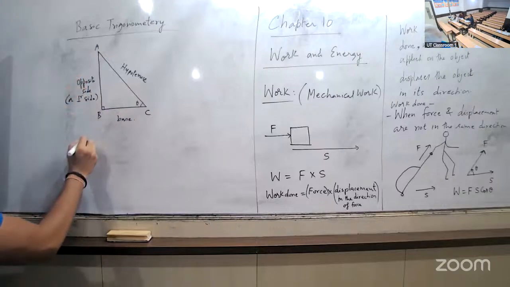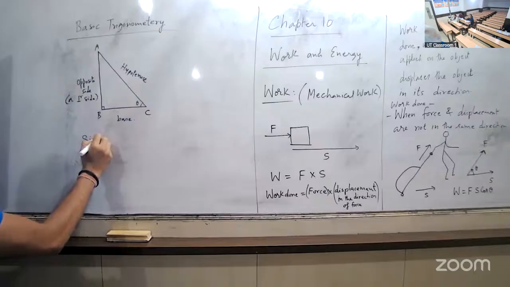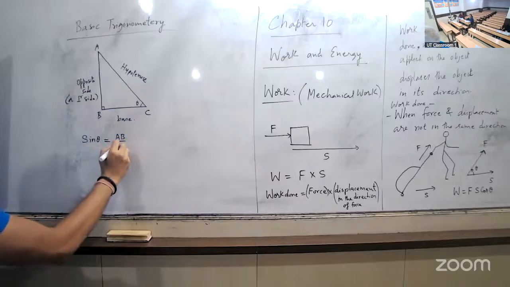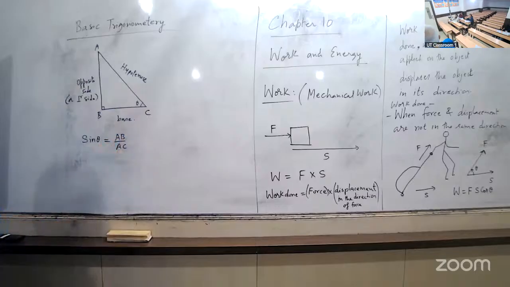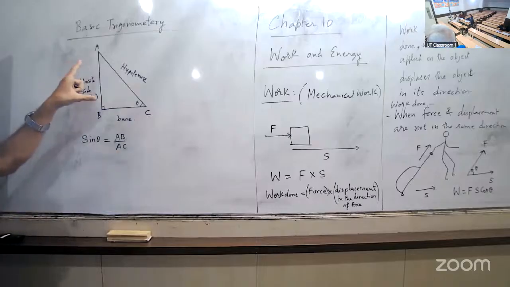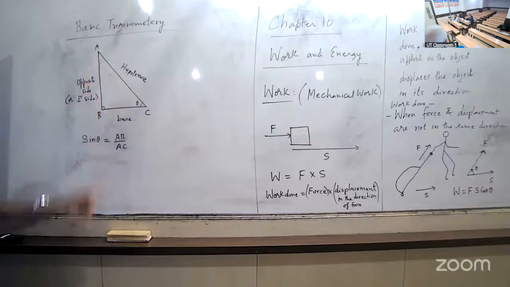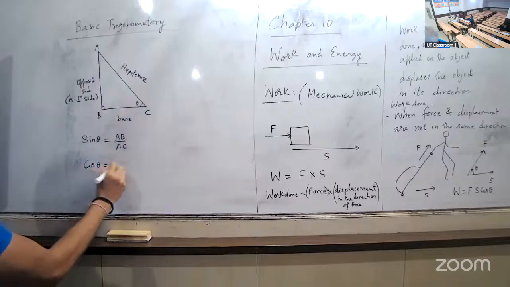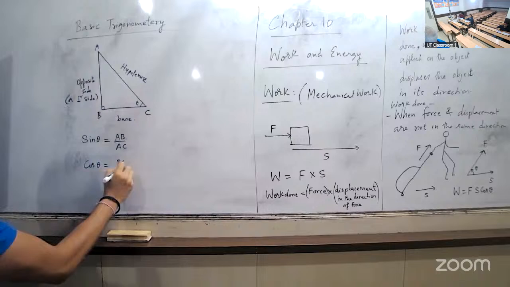Then what is sine theta? It is the ratio of perpendicular upon hypotenuse. That is the definition. Cos theta is defined as base upon hypotenuse.